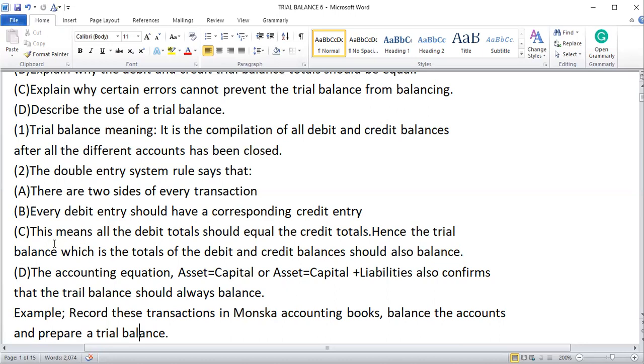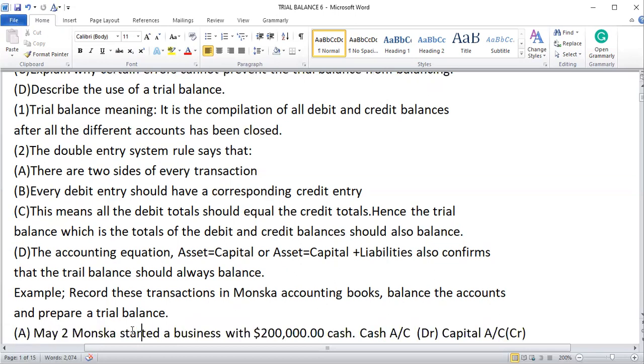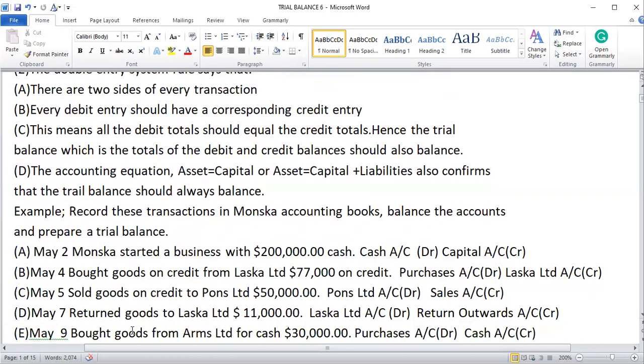Okay, let us look at an example. Record these transactions in Moscow's accounting books, balance the accounts and prepare a trial balance. So these are the transactions, and I will show you the double entry effects before we go on to the ledger.